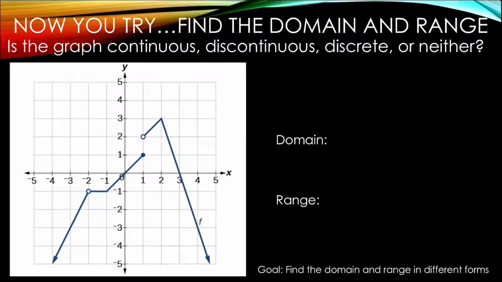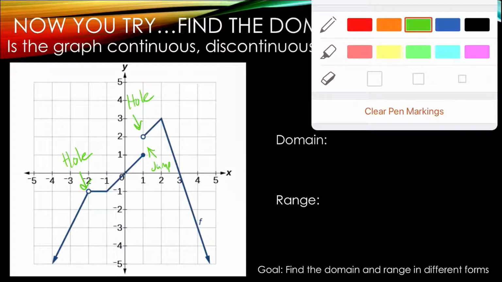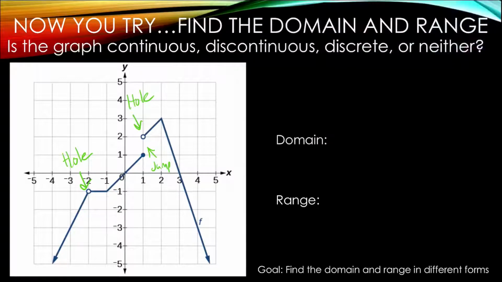Alright, so now we want to try and find the domain and range of this graph. So first of all, before I do anything, I'm going to notice a hole right there, a hole right there, and we have a jump right here. Okay, so we're going to write the domain here.